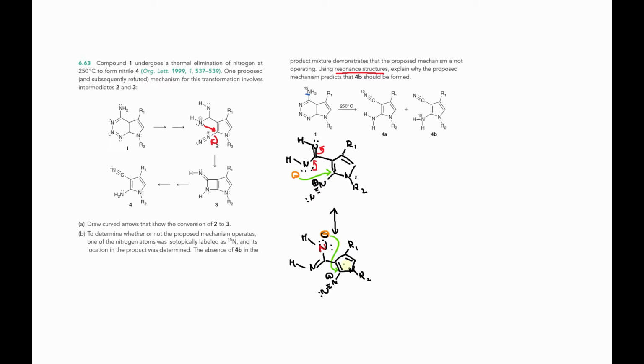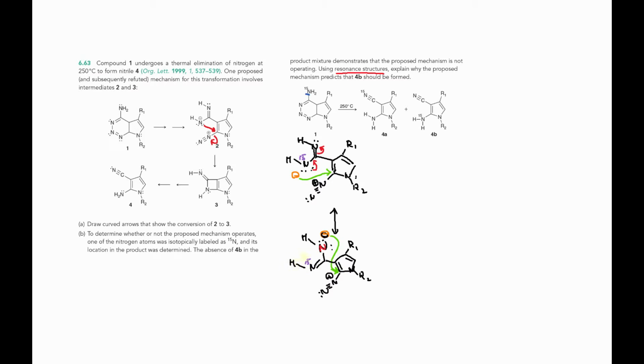Before I actually demonstrate this, I should also mention that experimentally, just imagine that I made this specific nitrogen isotopically labeled as 15 over there. So this isotopic nitrogen can act as a nucleophile, or it could be the other one acting as a nucleophile.